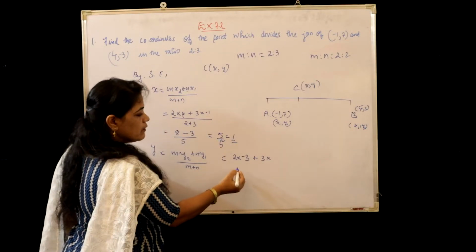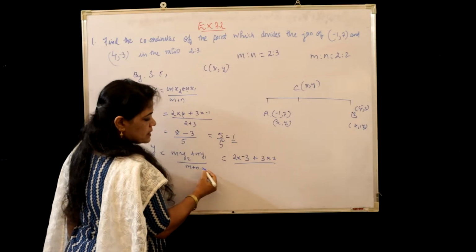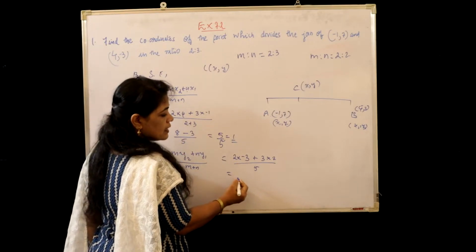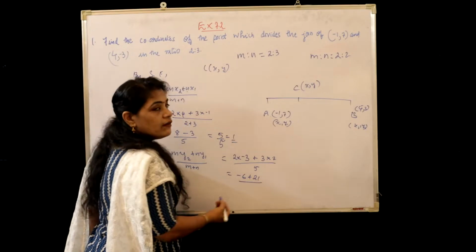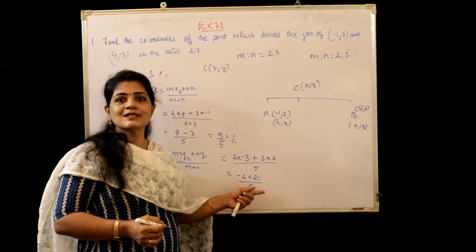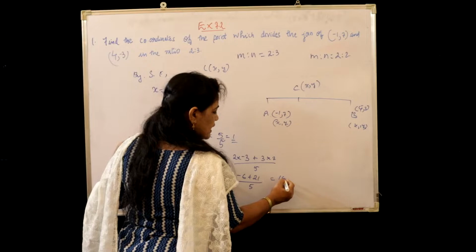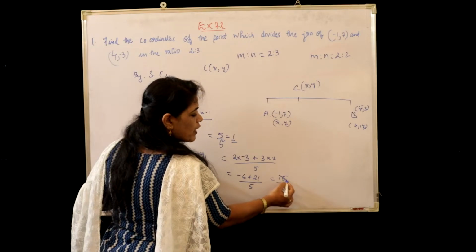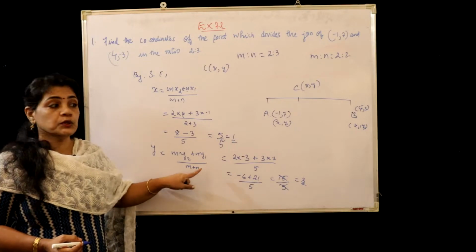So y1 is 7, divided by m plus n, which we have seen is 5. So 2 3s are 6, minus 6 plus 21, 7 3s are 21, divided by 5. 21 minus 6 gives 15, divided by 5 in the denominator, and 5 into 15 is 3 times. So y is equal to 3.